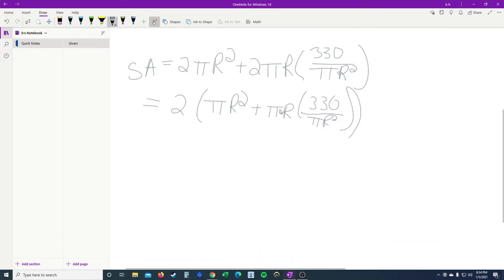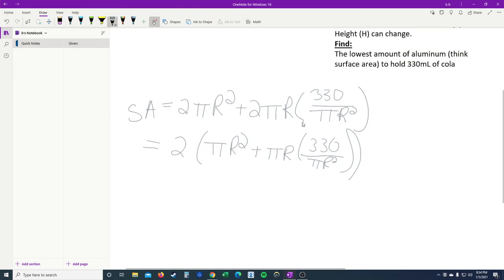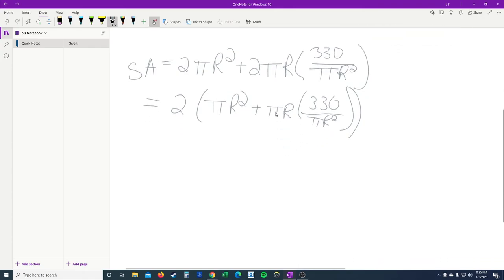Okay, now that I see this, I think this term right here can be simplified even further. One of the things I see is we have pi r, which would go into the numerator, and we have pi r squared, which would be at the denominator if you were to solve this out. Basically what I can do here is those cancel out, then what you're left with is 2 times pi r squared plus 330 divided by r.